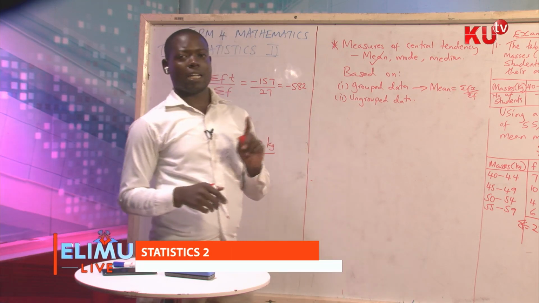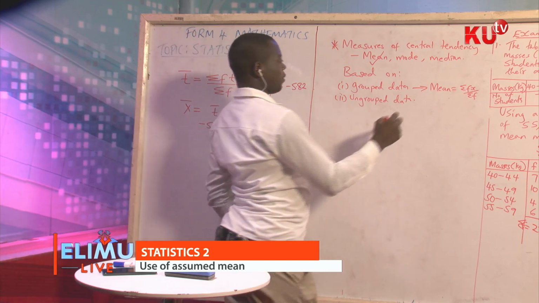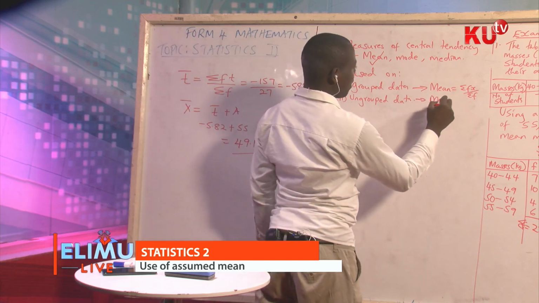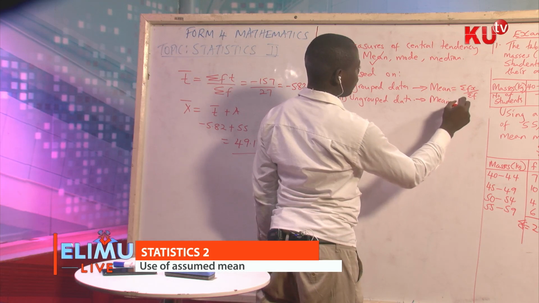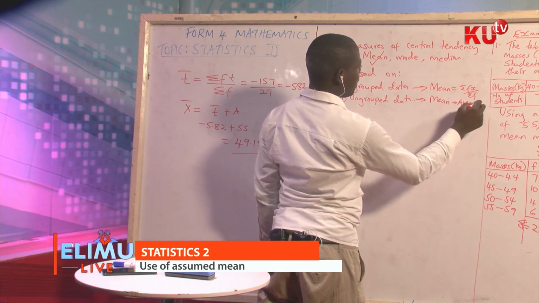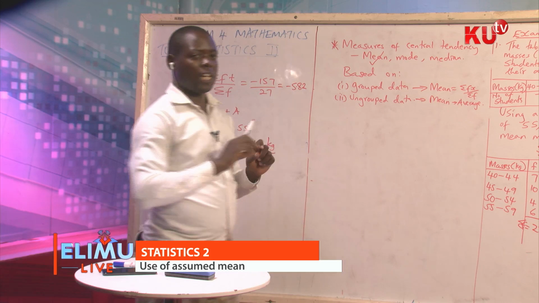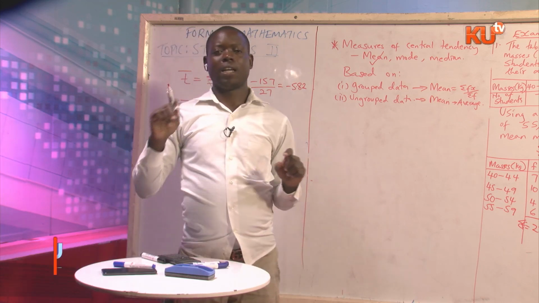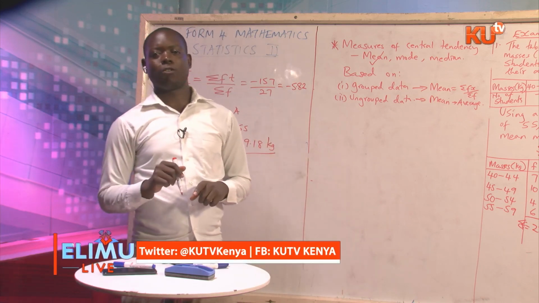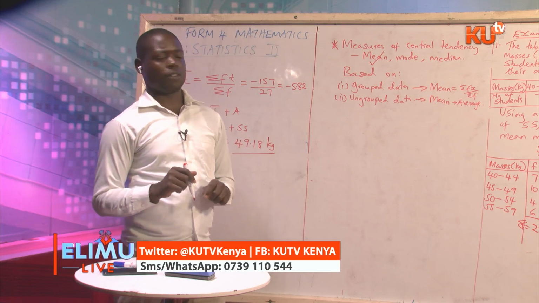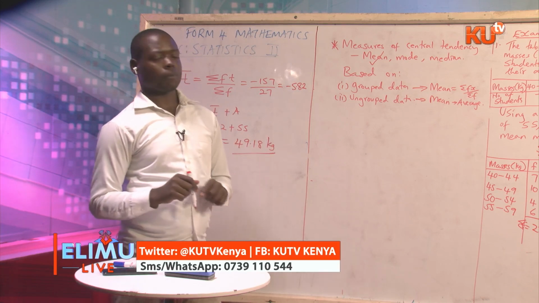Under ungrouped data, we've said that mean is the average, where we sum all the entries given and divide by the number of entries, or the number of items, and we will get the mean.